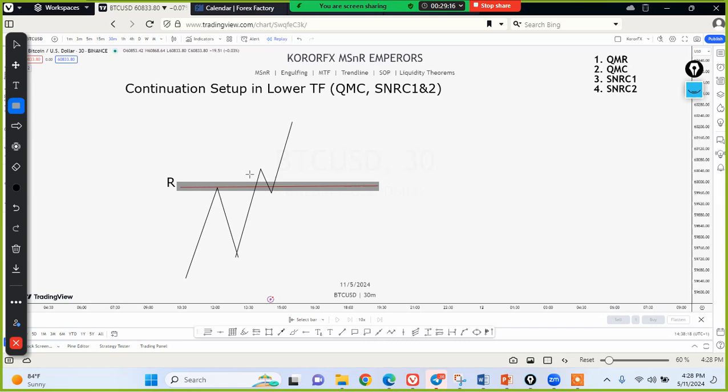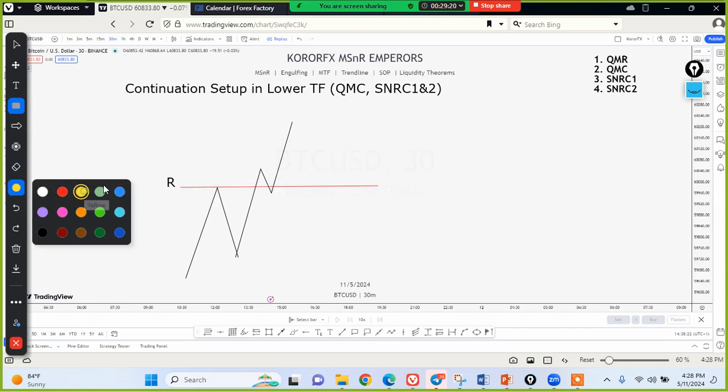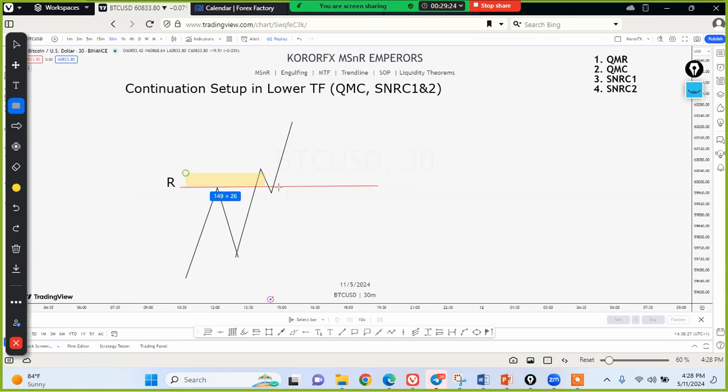When you are making your level, also make the base, because the base is the zone. You know your SNR level and you know your zone, so make the zone.